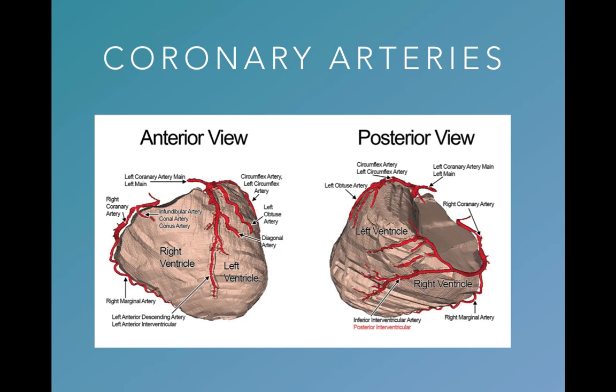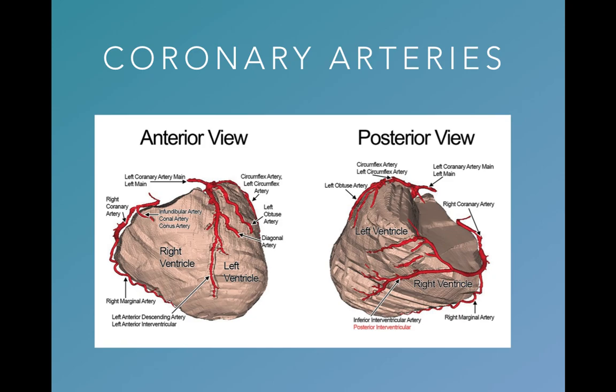And then running around to the left is the left circumflex artery. And then off of the left circumflex, there are a variable number of obtuse marginal arteries. It can range from 1, 2, or 3, or more. Everyone's different, as you've experienced in anatomy. And then coming out of the right side of the aorta is the right coronary artery, which branches into the right marginal artery, which runs down the right aspect of the heart.